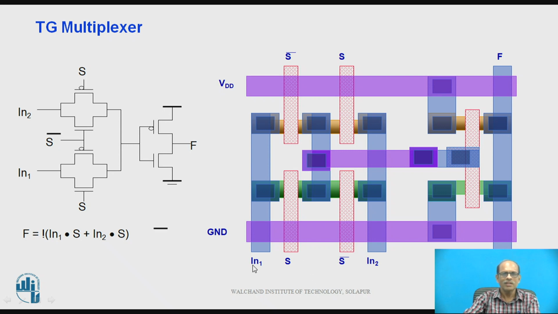Now the inputs are In1, In2, this is S and S bar, this is also S and S bar, this is VDD, and this is ground. Now these squares in black color are the contacts, okay. Here the N well is not shown in this layout, so the N well should be drawn for fabrication of the PMOS, that is here, so you can draw the N well, okay.